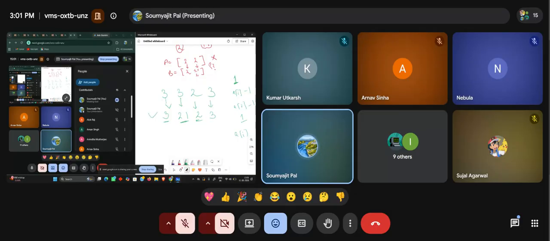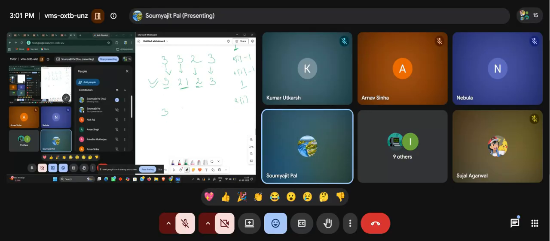So this will be valid, right? What about if there was a 1 here, 3 3 1 3? So this split is then invalid, right? So we had to do like this: 3, then 1 2, then 1, and then 3, right?